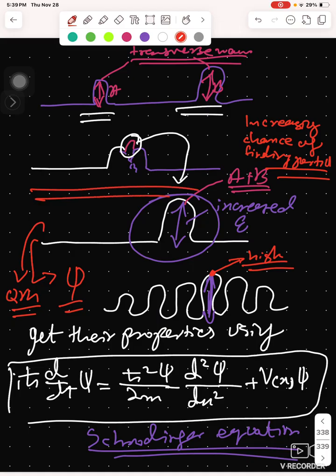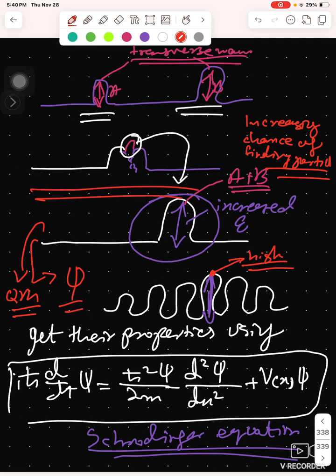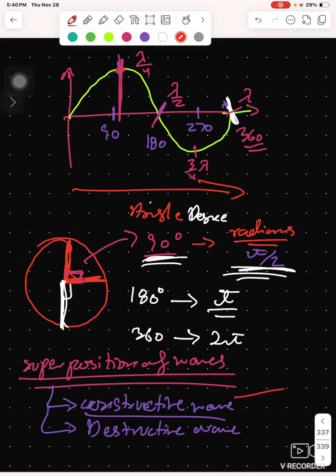Now that was a discrete wave. When we talk about continuous waves, it can be constructive or destructive wave, or we can say constructive interference and destructive interference. Because mostly we use this in Young's double slit experiment.